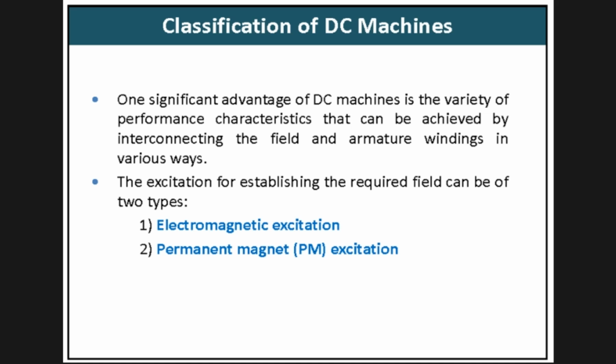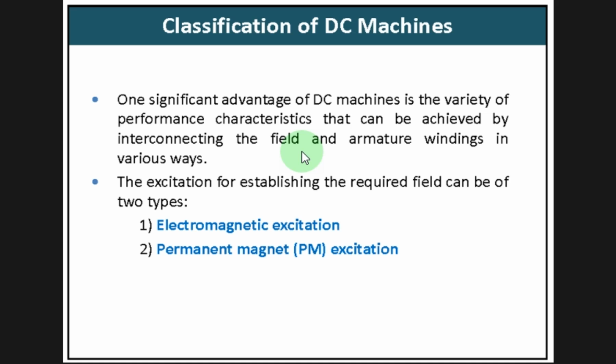The main significant advantage of DC machines is the variety of performance characteristics that can be achieved by interconnecting the field and armature windings. Now you know the field winding is providing the magnetic field inside the motor, and the armature is carrying the rotating coils or windings, right?